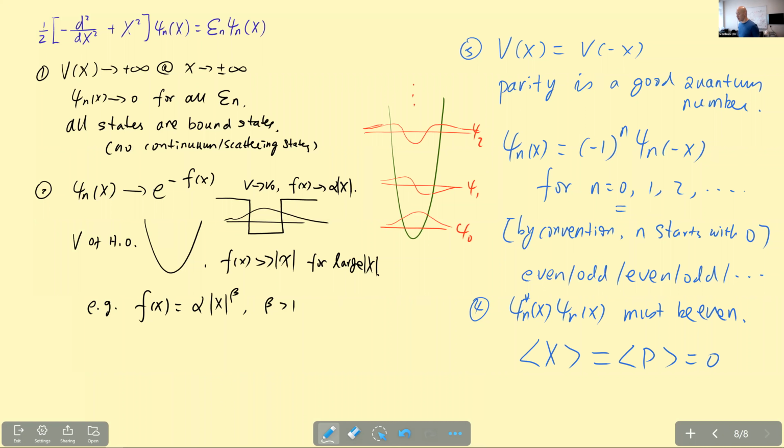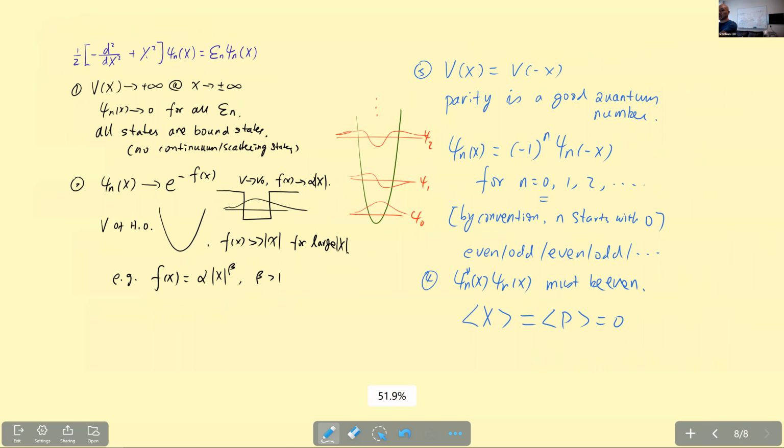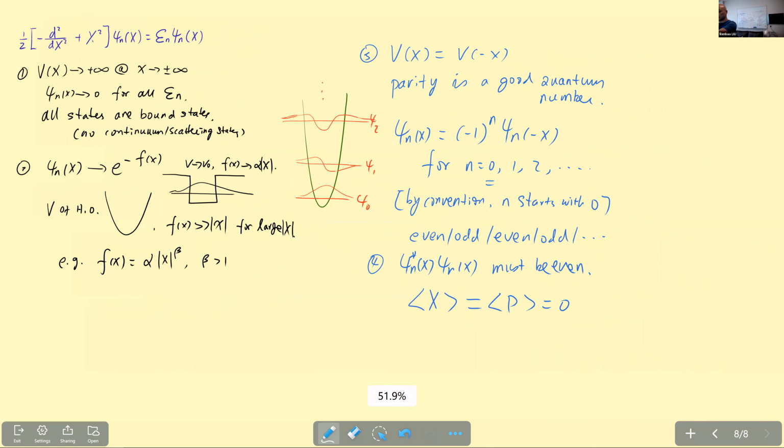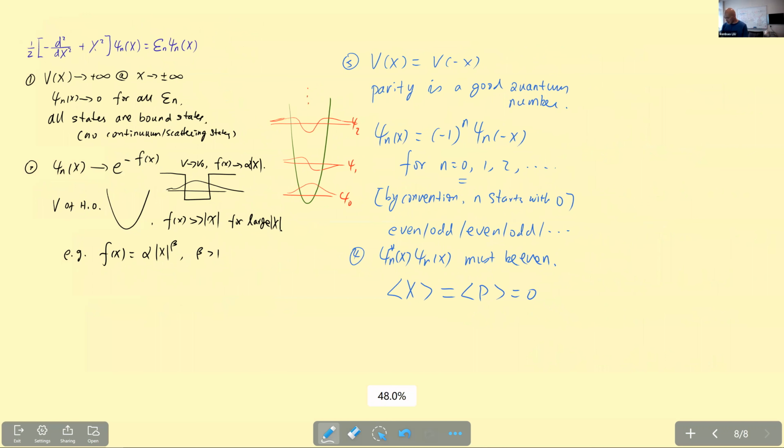Of course, for bounded states the expectation value of momentum should also be 0, right? But in this specific case, we can also use the symmetry to prove that the momentum has 0 expectation value. Right. So this is another feature of these states.